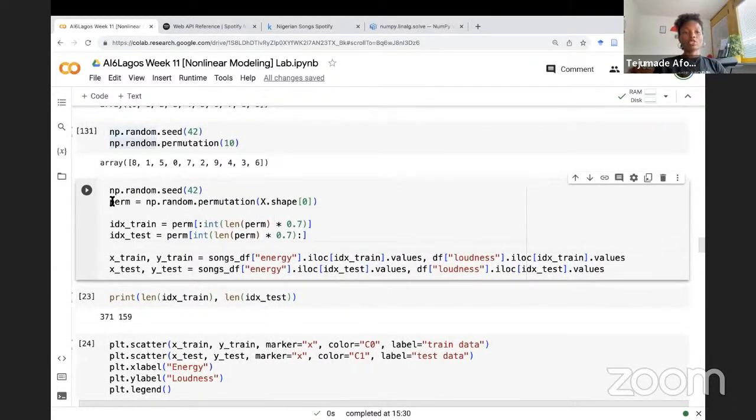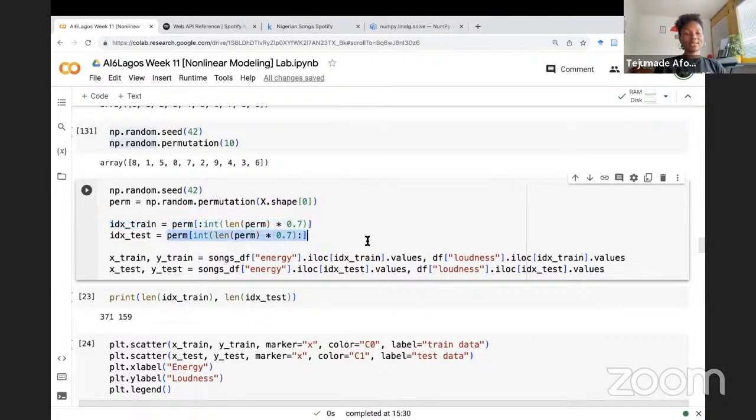Okay, so once you have this shuffled list, let's use that word. Brilliant. So once we have the shuffled list, we can now just select the first 70%. Remember when I did this calculation, this was like 371, right? We do the first 70% and then we put it in the train set.